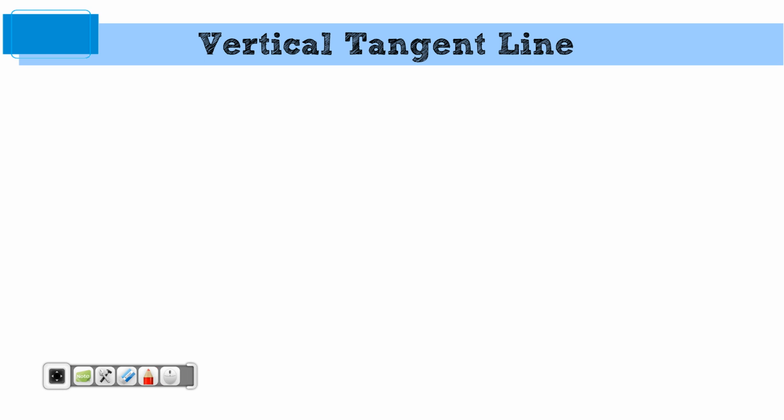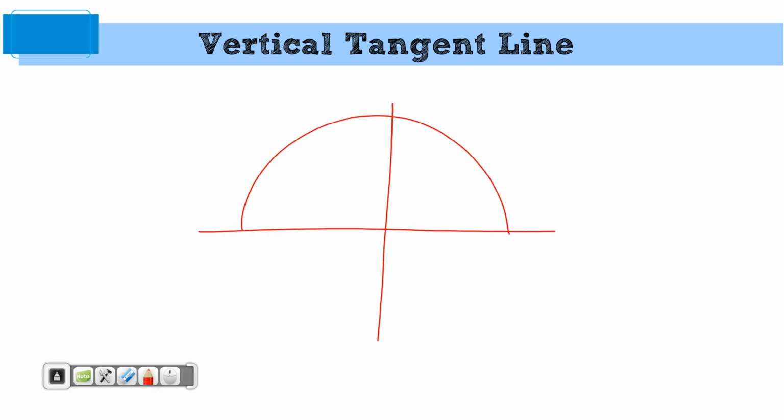You know what it is, the semicircle. Semicircle would work. Gotcha. All right, so if we have a semicircle, let's say with a radius of 4, and up here at 4, what's the slope of the tangent line at x equals 0?